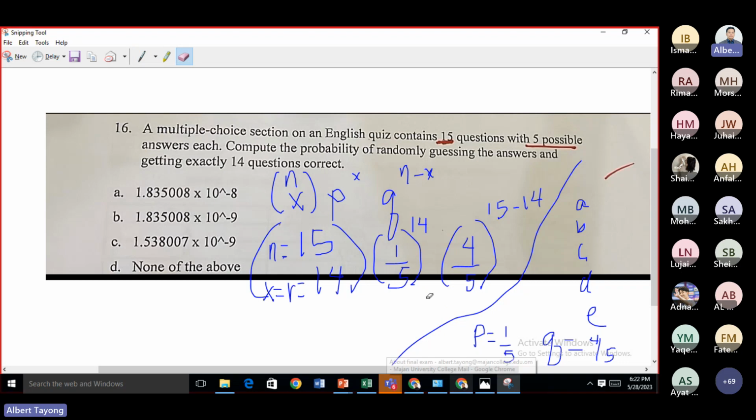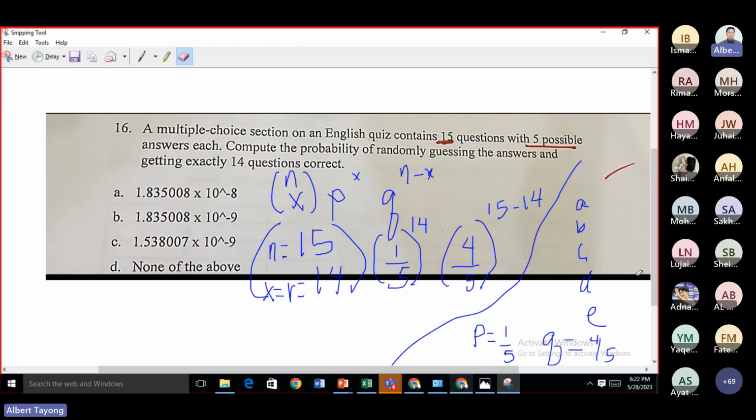All right, so 1/5, because in every question there is only one correct option, 4 are wrong. So we have 4/5. It's the opposite. Now 14 here, that is 14 questions correct. n is 15, we have 15 questions. So 15 minus 14, n minus x. And this is combination without repetition.